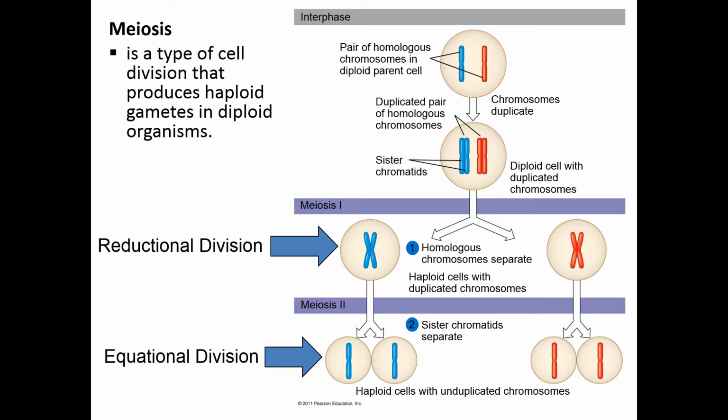Basically, in order to restore the correct complement of chromosomes, you have to reduce the total number of chromosomes in half, so that when your egg cell and your sperm cell come together and chromosomes are recombined in that embryo, that zygote, it has a full correct complement of chromosomes.